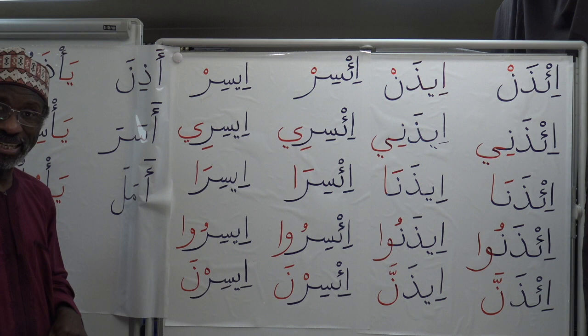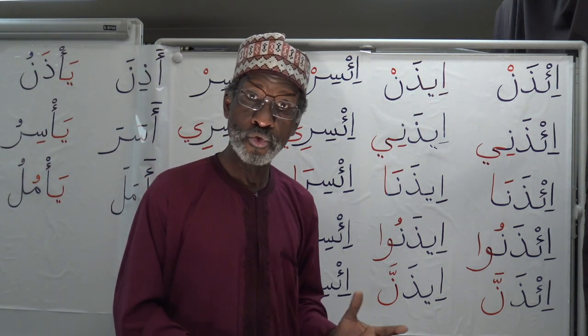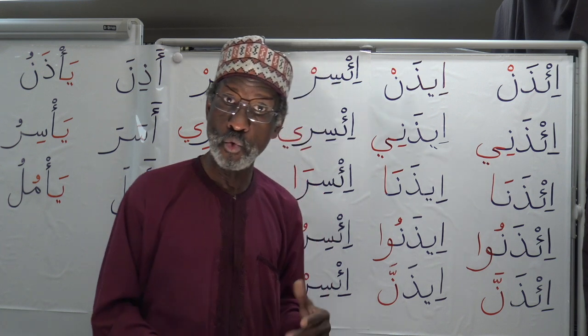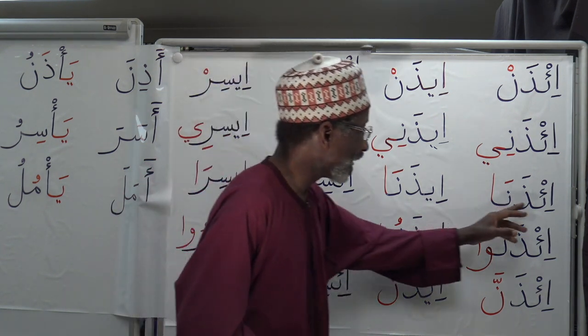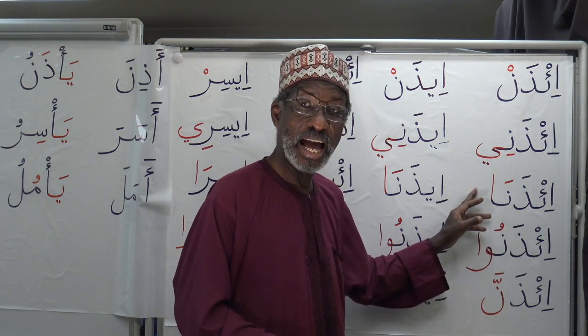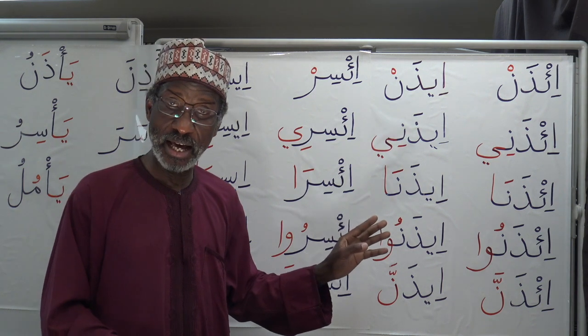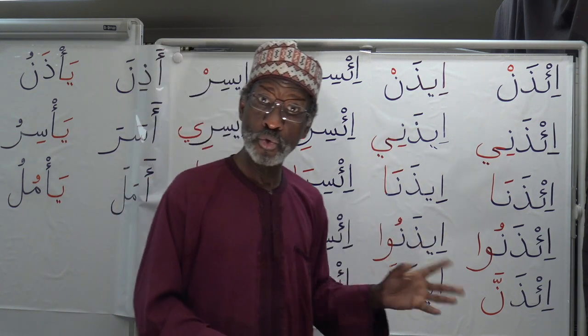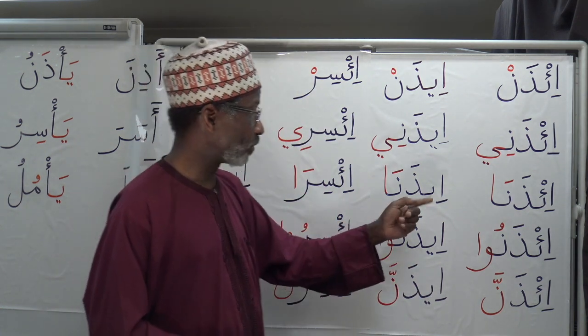Again, you are addressing a single female. Dual, which is the same for two men and two women. Then you command two men saying idhana, the same for two women. Idhana, or you convert the Hamza into ya, thena, sira.